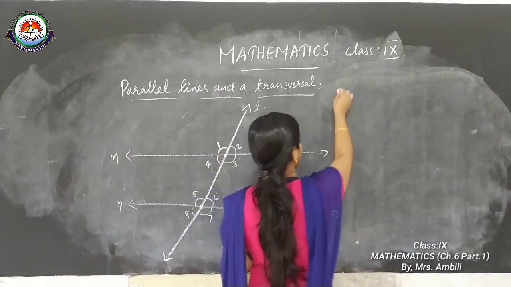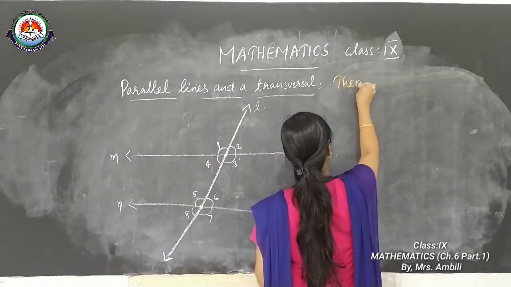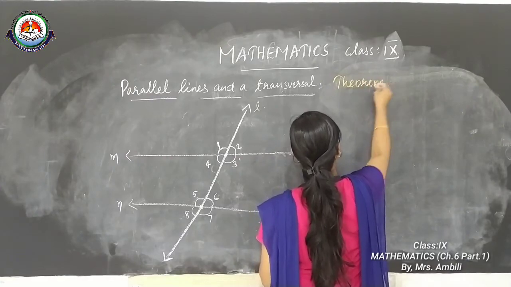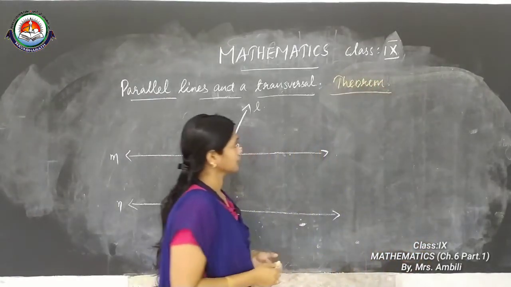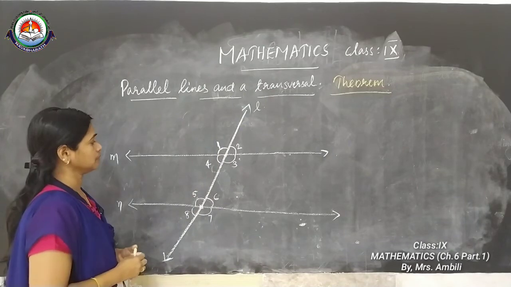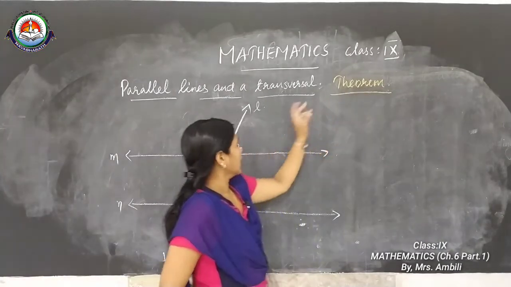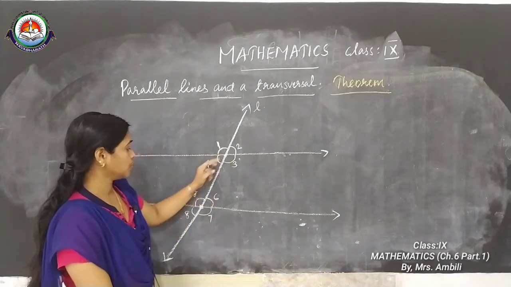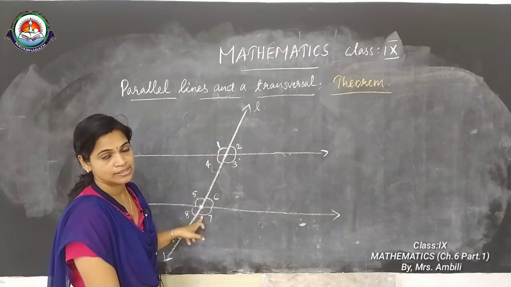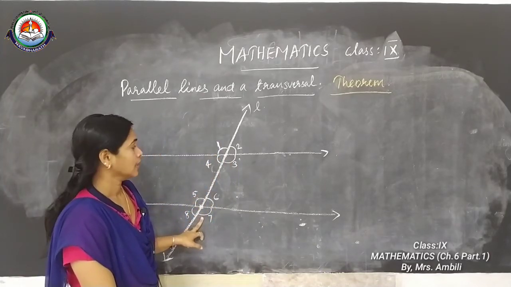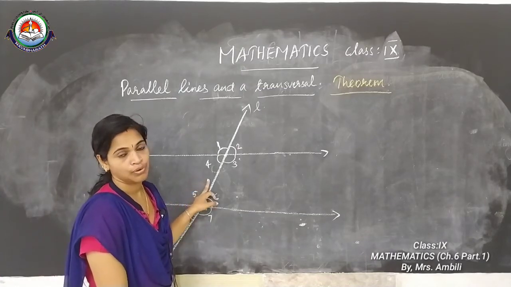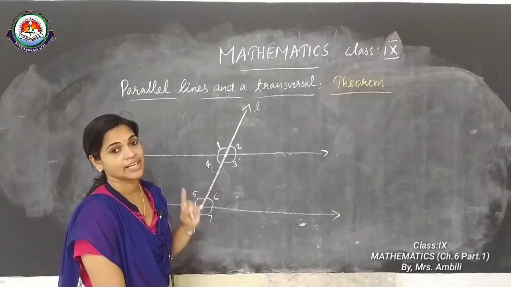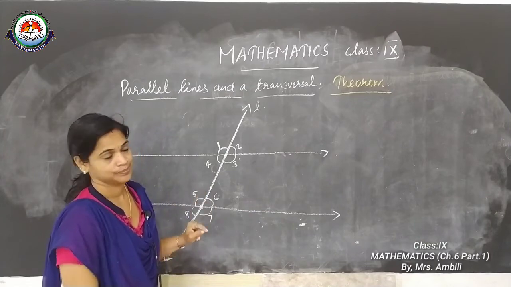Okay, next one, a theorem. If a transversal intersects two parallel lines, then each pair of alternate interior angles are equal.